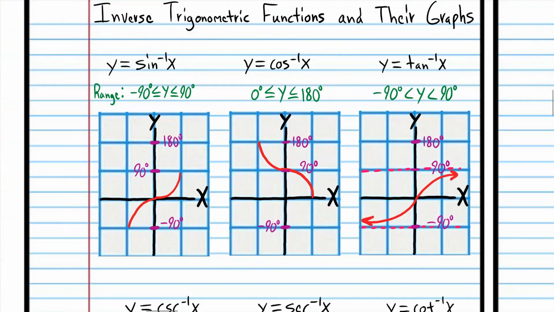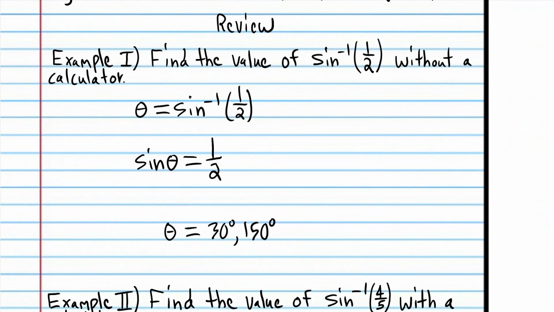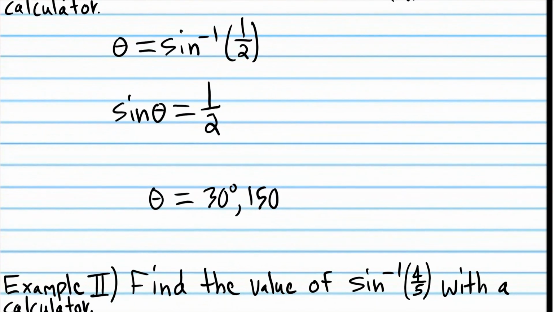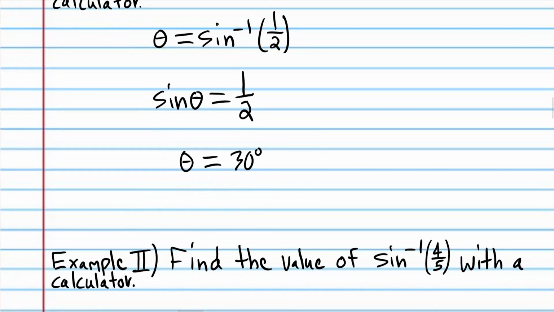So it's the exact opposite because it's the inverse function. So the only answer that we can get between -90 and 90 is 30 degrees. So that said, we have our answer. And again, this is all just a review of things that we did in previous classes. So sine inverse of 1/2 is 30 degrees.